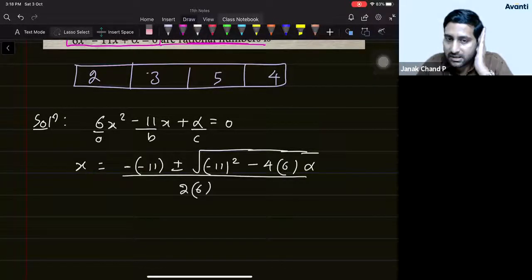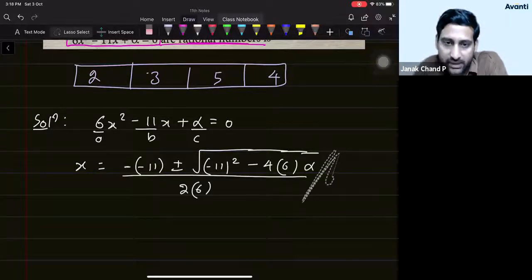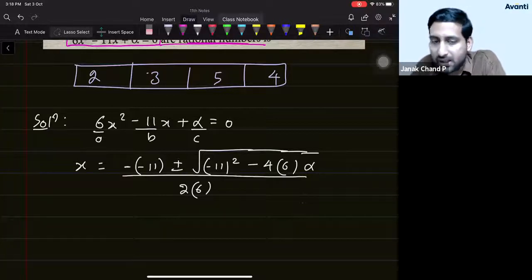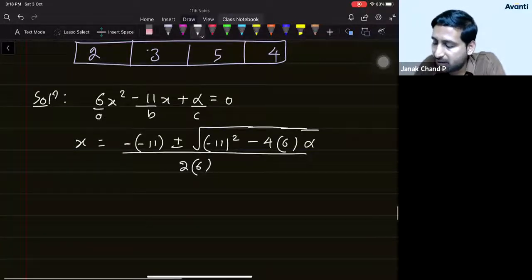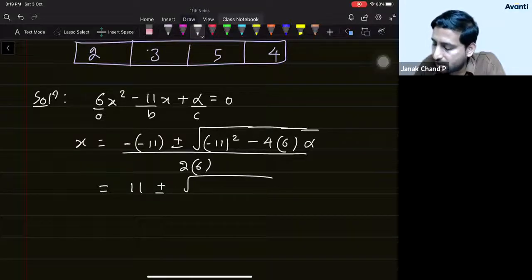Actually, this entire thing is not required. But anyway, maybe most of you might be seeing this kind of question for the first time. That is why I'm showing the entire thing. By default, you will be solving any quadratic equation with the help of this formula. And by a little bit of simplification, the next line looks like this: root of 121 minus 24 alpha divided by 12.